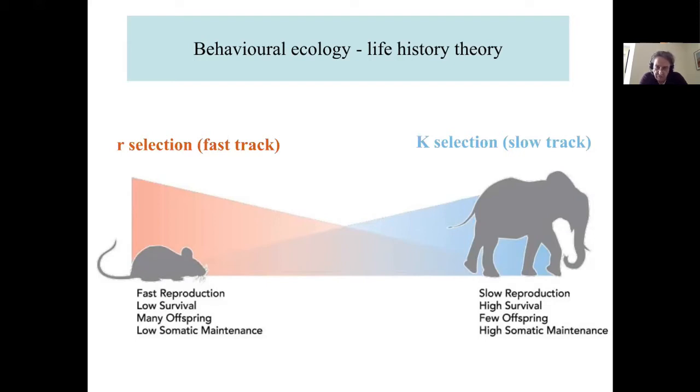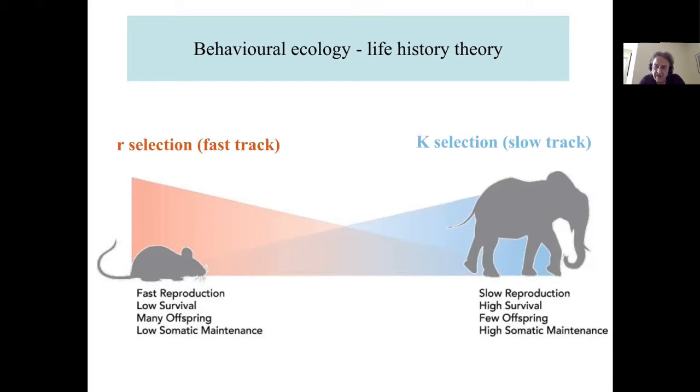So that's the idea of behavioral ecology, to explain that in dangerous environments, it's advantageous to pursue a fast reproductive strategy, whereas in more stable environments, it pays off more if a species pursues a K-selected strategy.